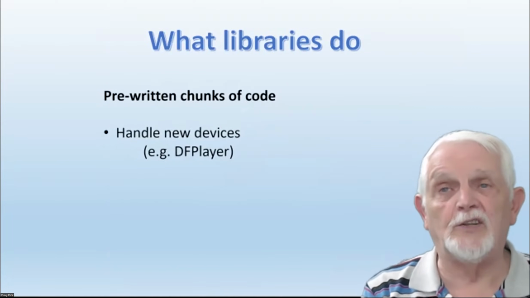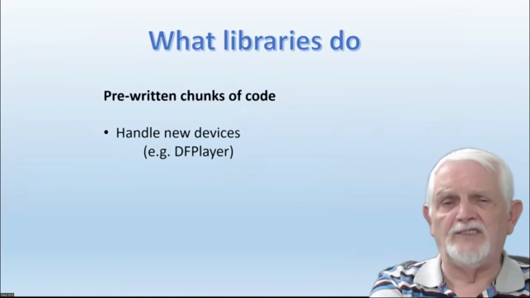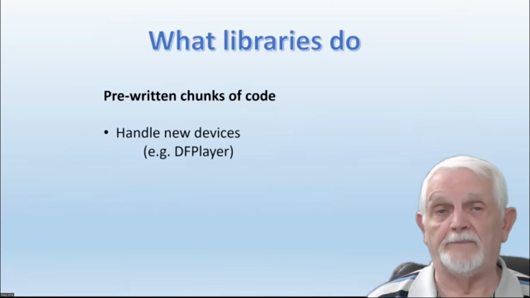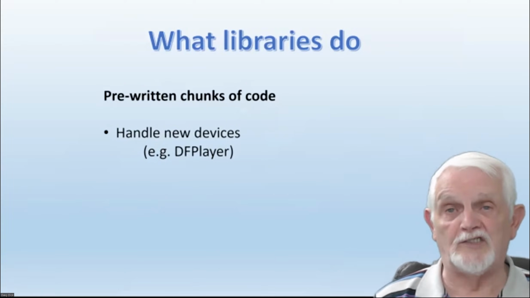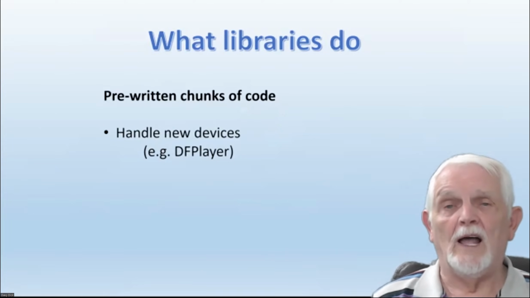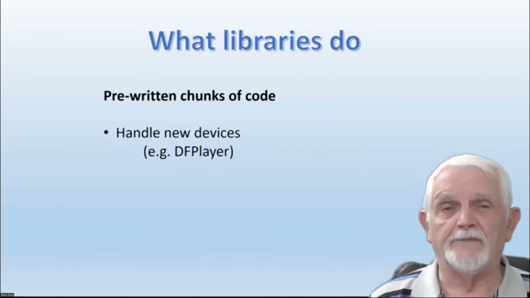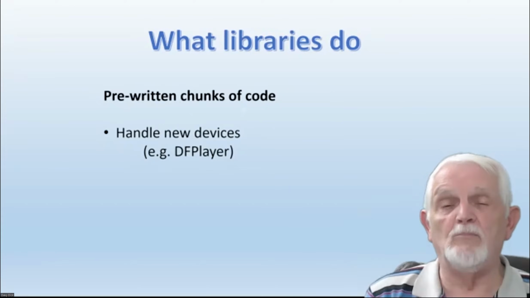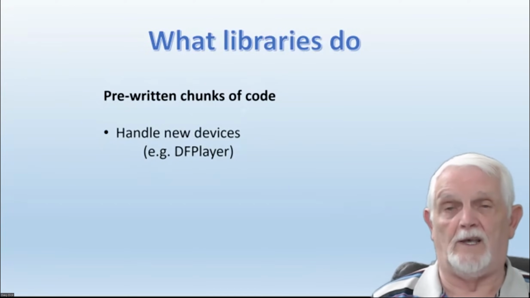So what libraries do, what are they? They're basically bits of code that somebody else has written that makes life easier for you. And there's two main uses, as you'll see there. One is to handle a new device. Somebody brings out a new bit of hardware, and along with it comes a library that says, here's how to use that new bit of hardware.